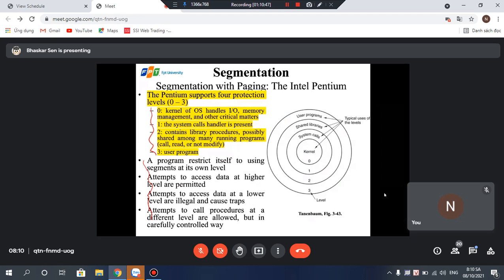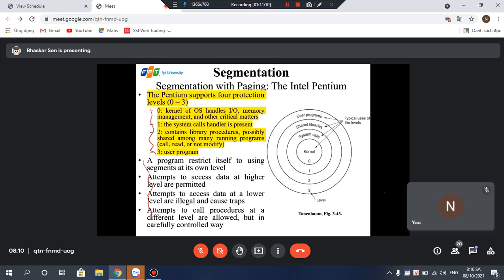Protection level. As we said, we can actually apply different levels of protection. In Intel Pentium, we have 4 levels of protection, and these 4 levels are applied progressively, and we have some access-related privileges and restrictions.